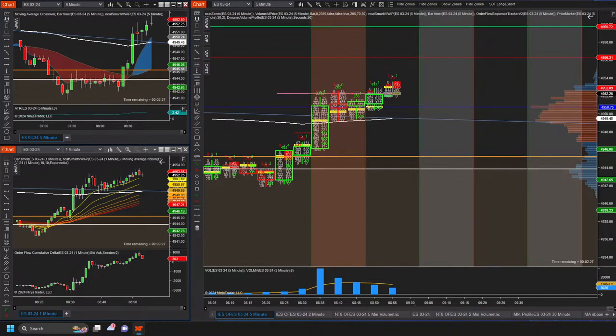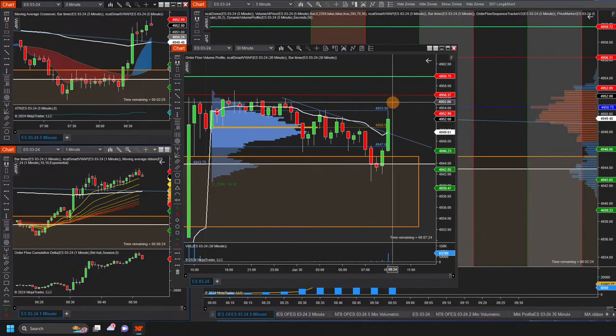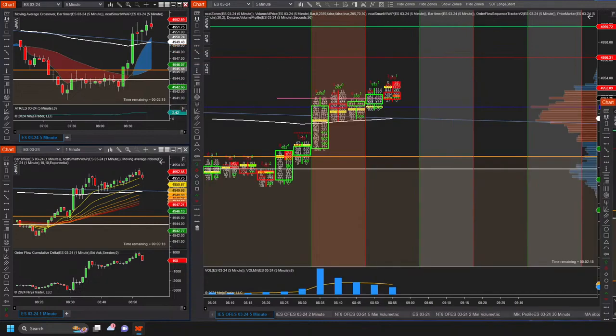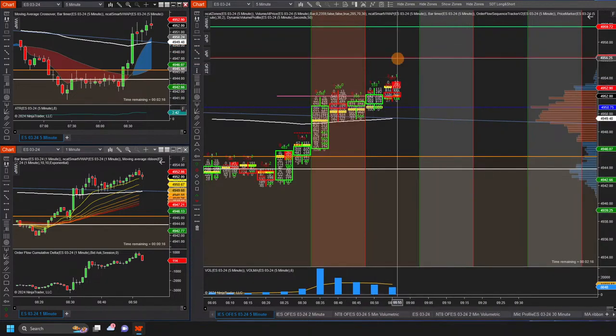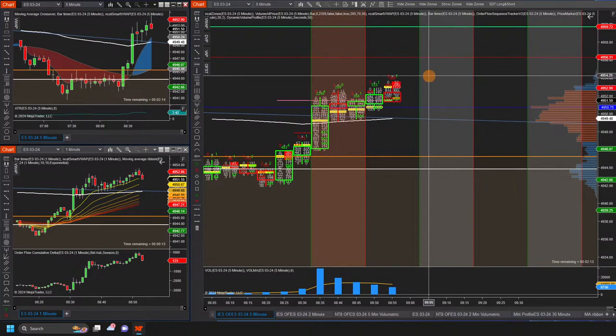So we're failing at the value area high of the day so far, you can see. We got 7 minutes left in this half-hour candle till we get into that 9 o'clock zone. About 7 minutes left, and we'll see what happens.